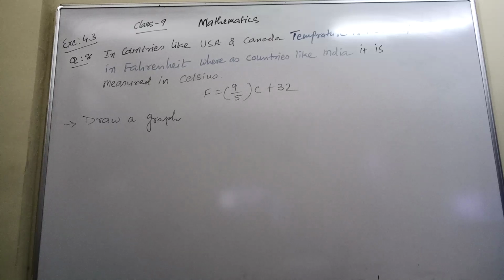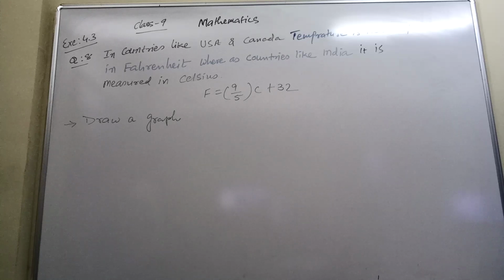Draw a graph for this linear equation. Now, to draw the graph, we require points for C, meaning Celsius, and for Fahrenheit, that is F.